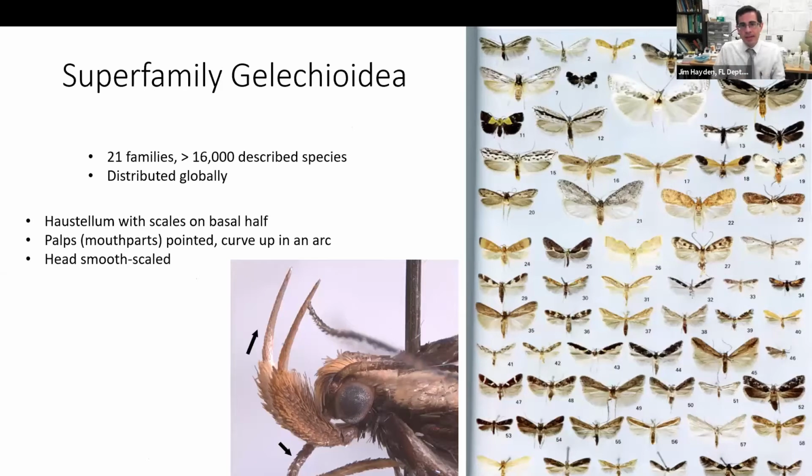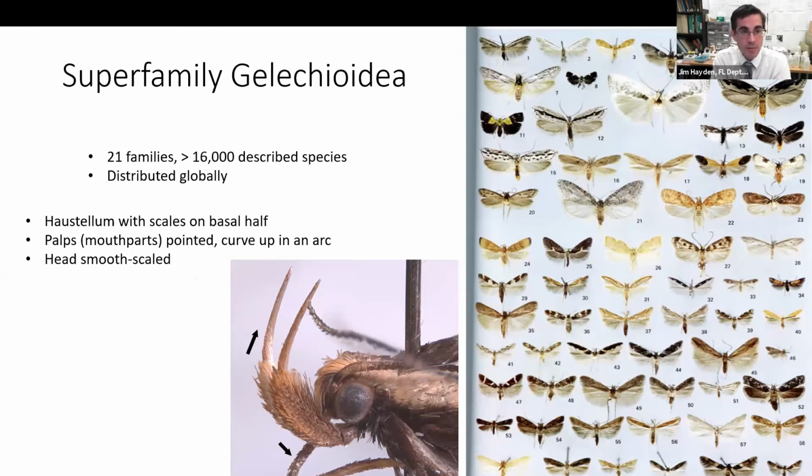The superfamily Gelechioidea includes roughly 21 families and 16,000 described species. They're global in distribution. They're all little moths that look like this, a plate from the Moths of America North of Mexico fascicle, just to give you a taste of what these look like.